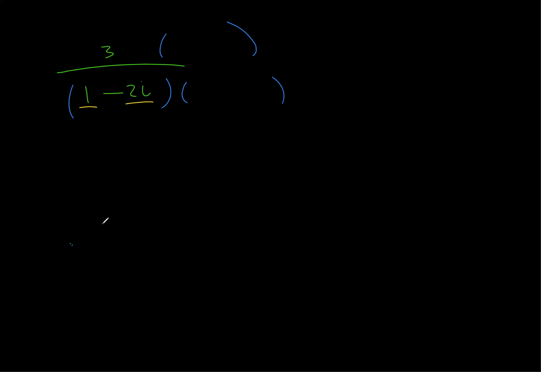I'm going to multiply them by the conjugate of the denominator. The conjugate of the denominator has the same real number, which is 1, but a different sign for the imaginary part. This is now negative 2i, so you're going to multiply here by positive 2i. You see, and here the same thing, we multiply by 2i. And I hope that is clear.